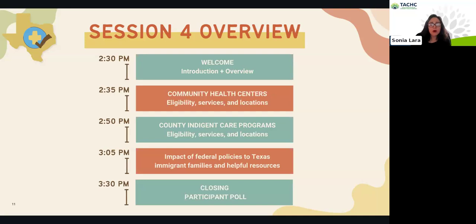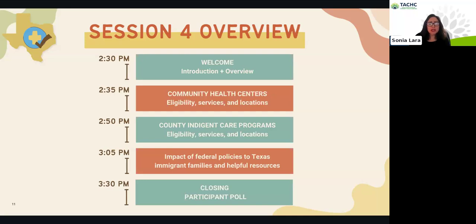The session will also provide a deeper dive into the impact of federal changes on Texas's lawfully present immigrant families who will no longer be eligible for coverage, and we'll offer some other helpful resources at the end.